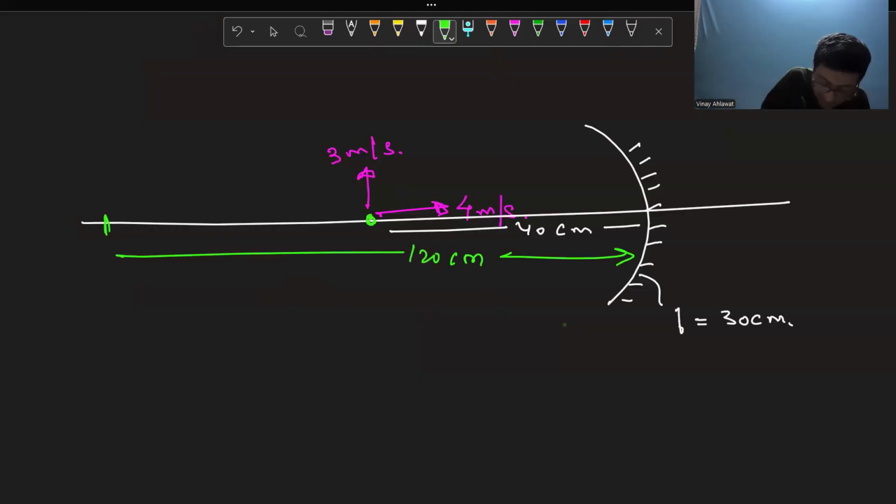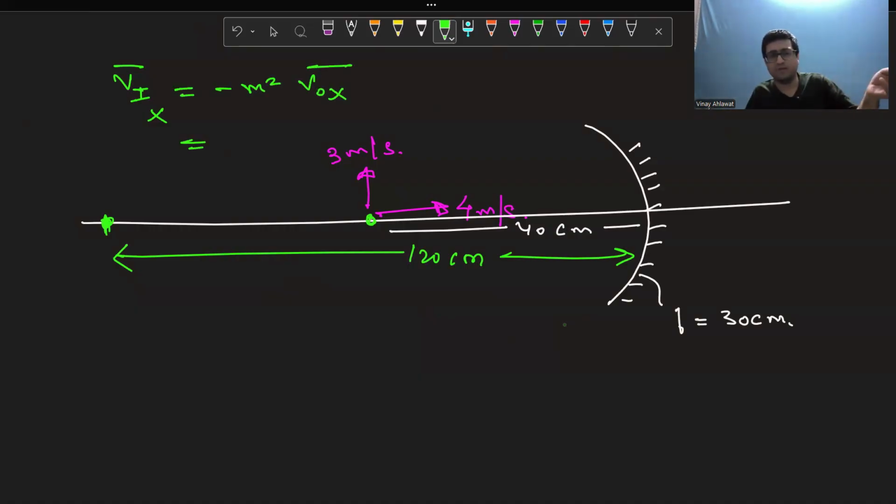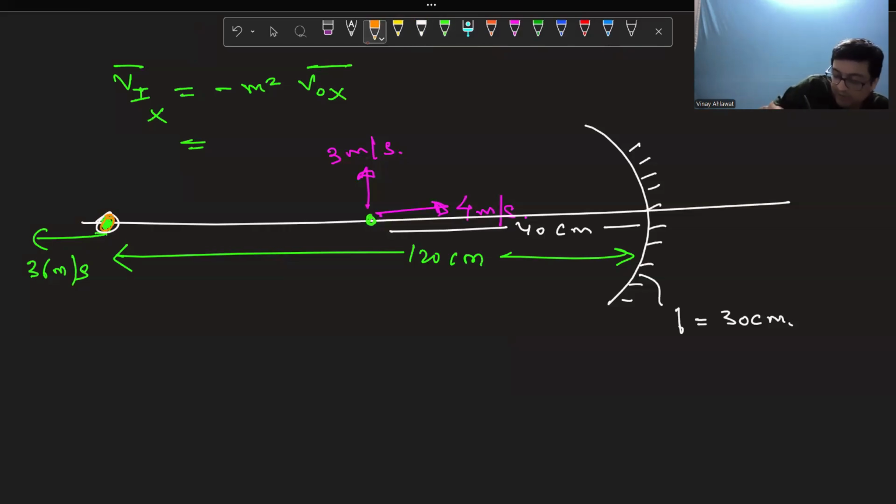There will still be velocity of image in x-axis. That is minus of m square, velocity of object in x-axis. This again would come out to be 36 meter per second. Image directly would be on this principal axis, because height of image will be 0, because height of object is 0.